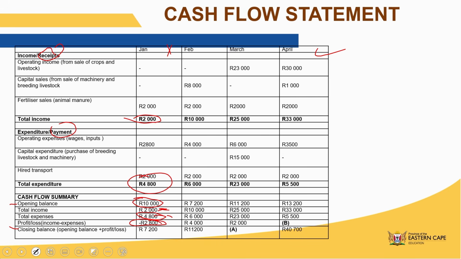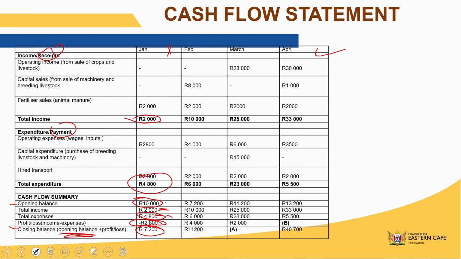And then when we're calculating, there's an opening balance. Our opening balance for January is 10,000 rand. Then we have a loss, meaning we will do the subtraction. Opening balance, that is 10,000, minus the loss. The loss is negative 2,800. So minus 2,800 rand gives us an answer of 7,200 rand. That is the closing balance for January.